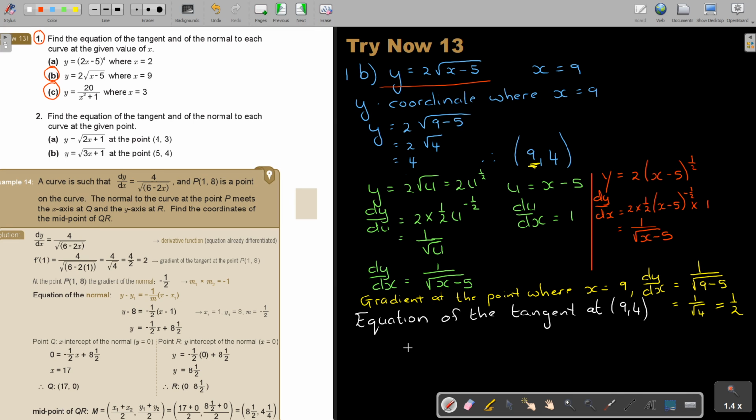And that will then be, okay, don't forget the point. That's x1, y1. So it's going to be that formula. Let me write it first: y minus y1 is equal to m times x minus x1. So it's going to be y minus y1, which is going to be 9, is equal to mx.